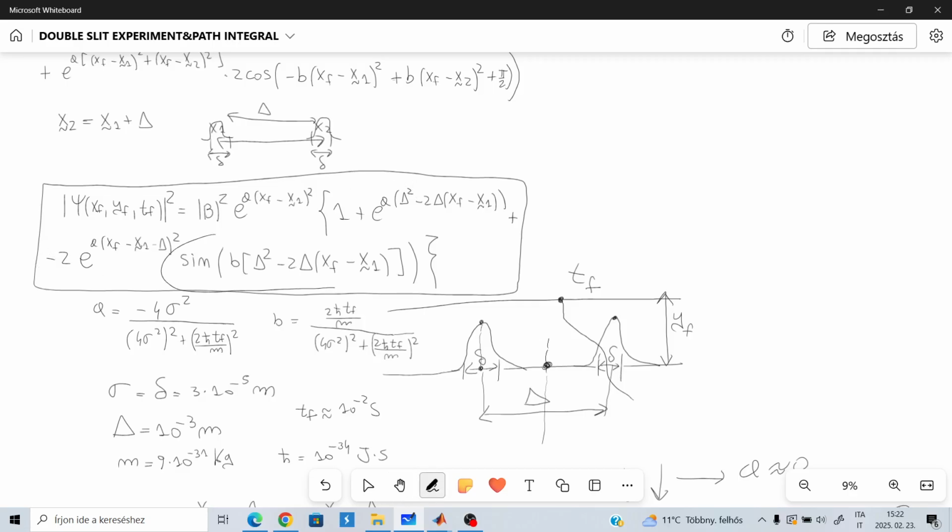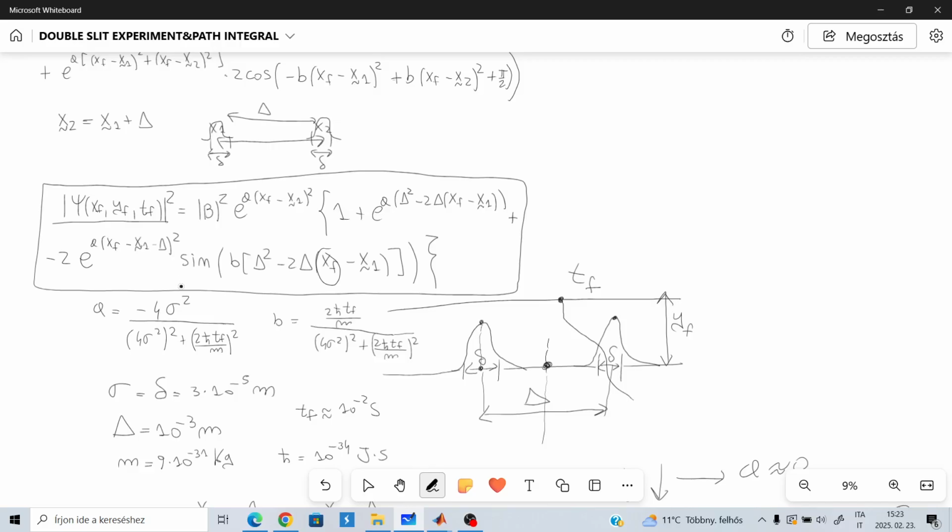Therefore, if this sine is equal to -1, we can maximize this probability. So it's like choosing the xf such that it maximizes this probability. Remember that these exponentials are very close to 1 because we have chosen a to be very, very small by choosing the width of the slit. So there is no dependence on xf here because the exponentials are considered to be 1 according to the simplifications that we considered.